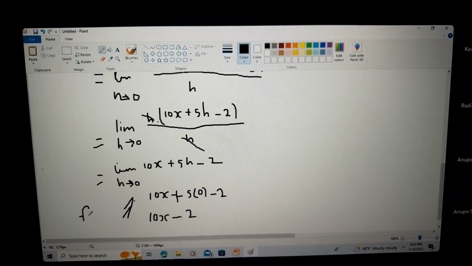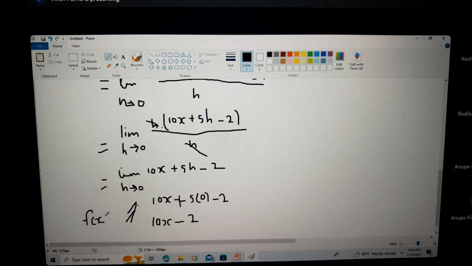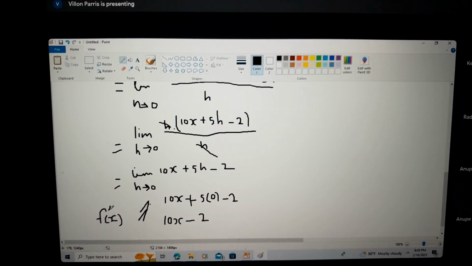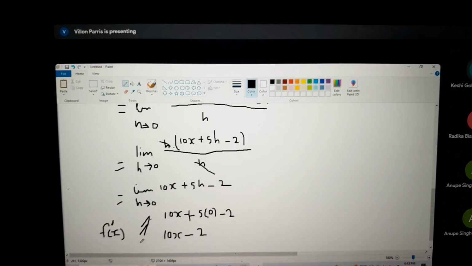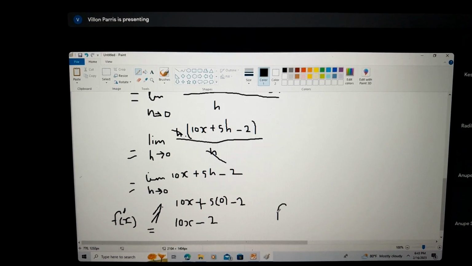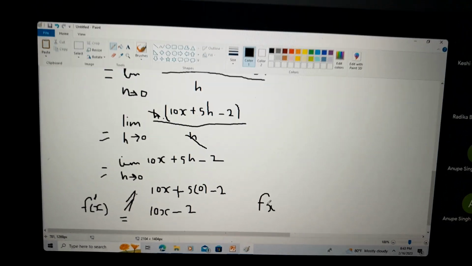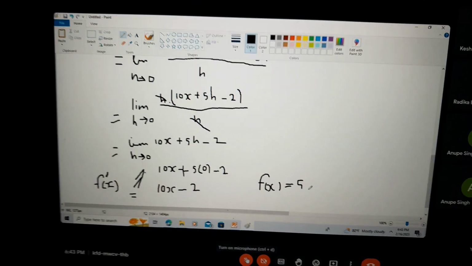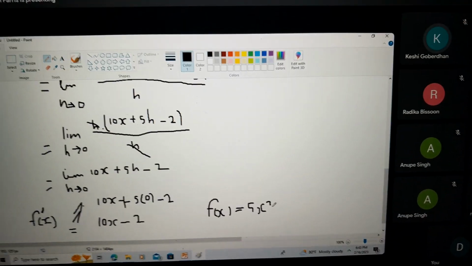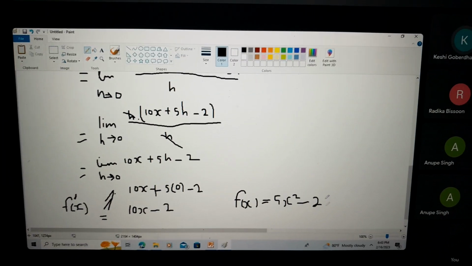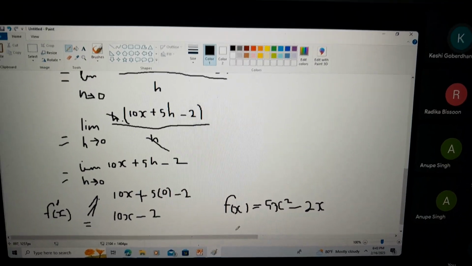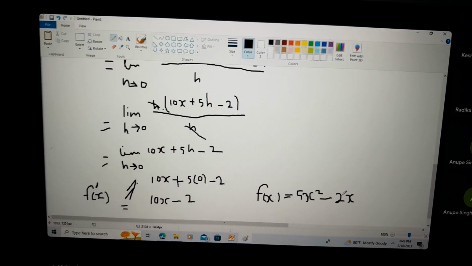So f prime of x, our answer is not f of x, but it's the derivative. So I put that prime, the derivative of f of x. f of x was 5x squared minus 2x? Yes, sir. Right? Great. So any questions pertaining to this?